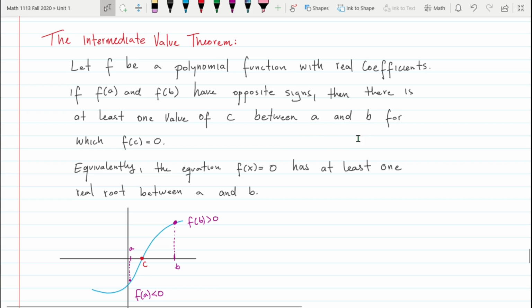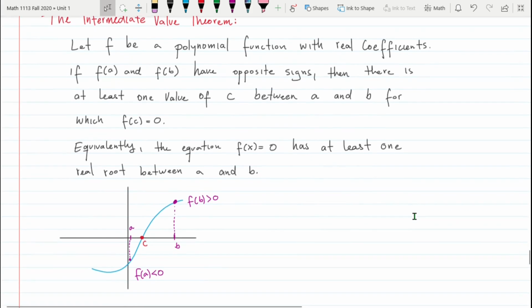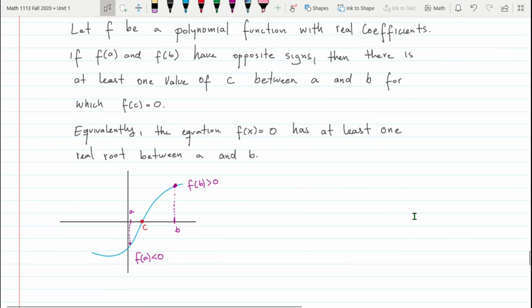So a and b are the inputs, f at a is the output, f at b is the output, right? So here's the graph that's showing what we just explained there. The idea of this is that we're trying to figure out whether there's a root between those two, right?